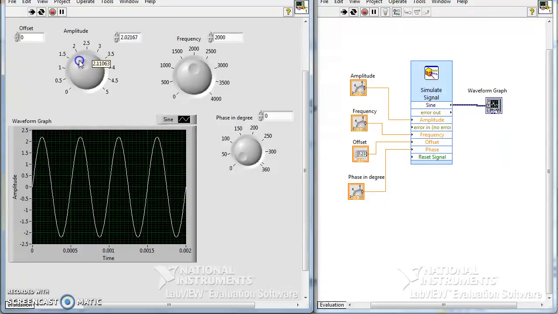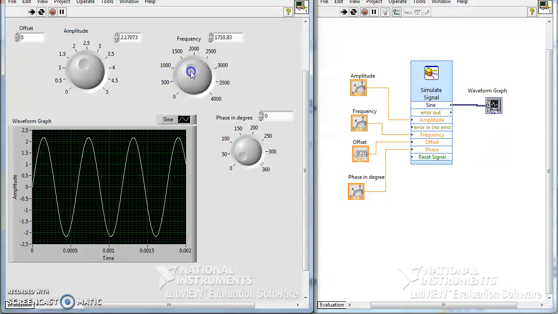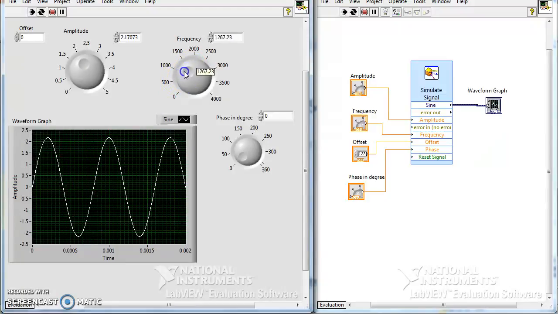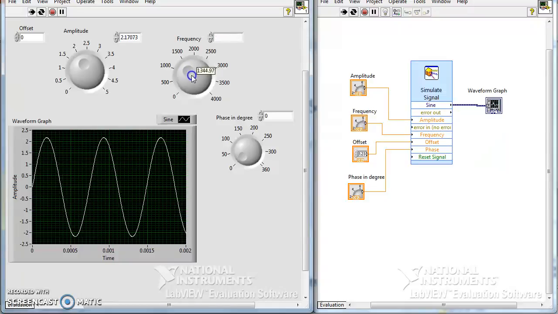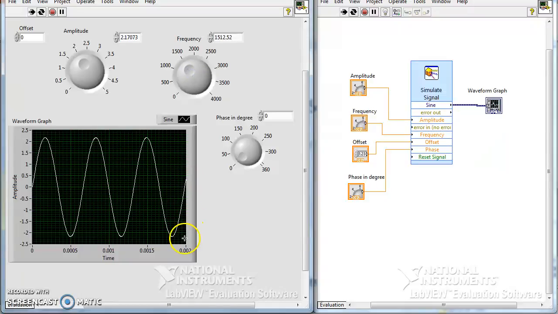You can see the variation with the frequency as well. If only 2 or 3 cycles have to be displayed, the time comes to be around 2 milliseconds accordingly.